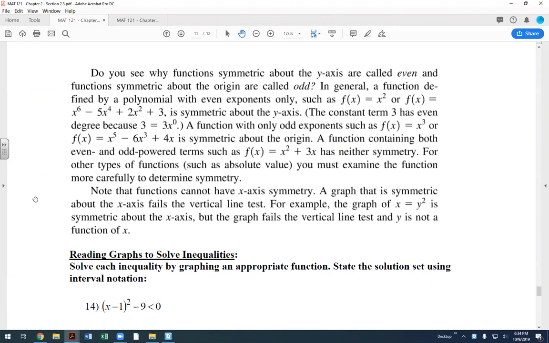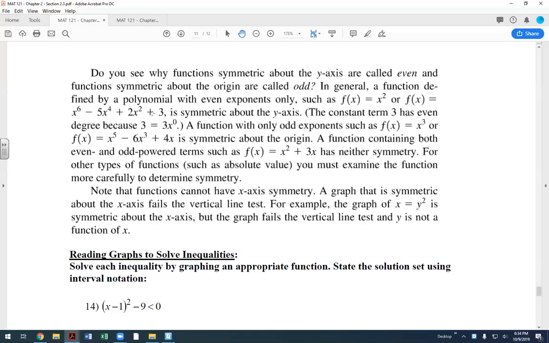So just as an example, you can have something as basic as x squared, which is an even exponent, or you can have something like x to the 6th, that's an even number, x to the 4th, again that's even, x squared is even.